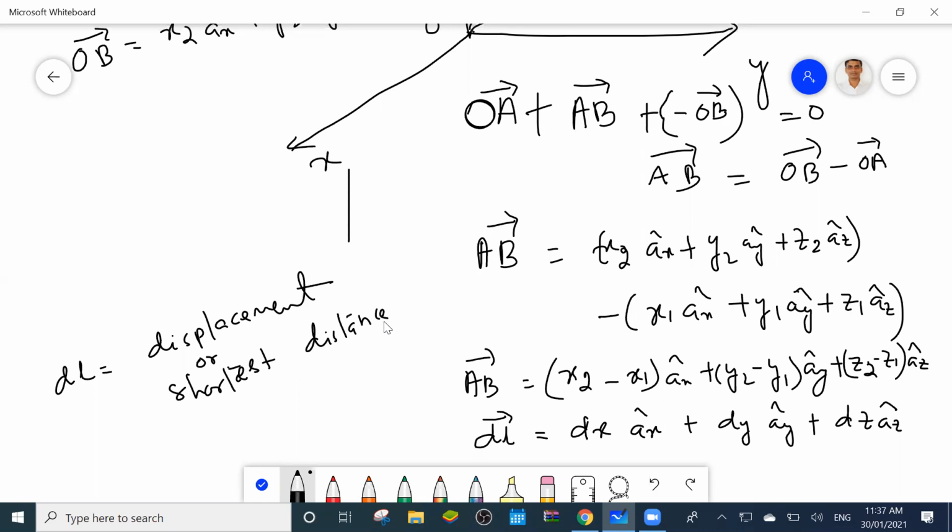If two vectors are given, you can find the displacement between them, yes or no?